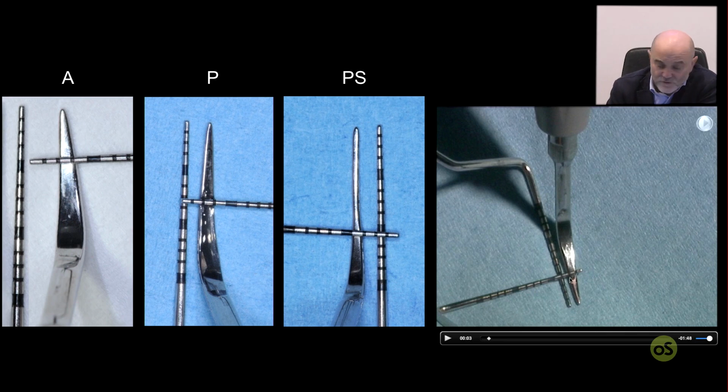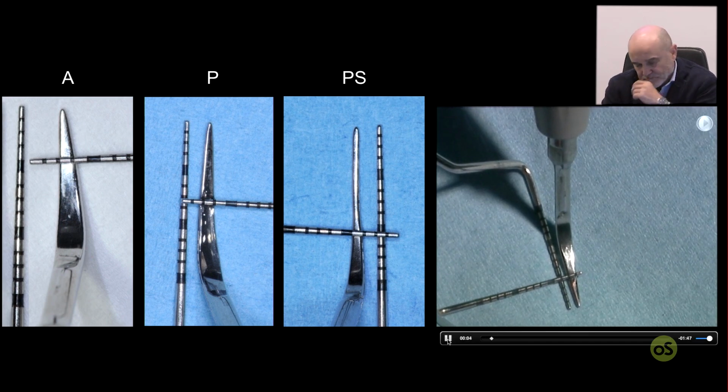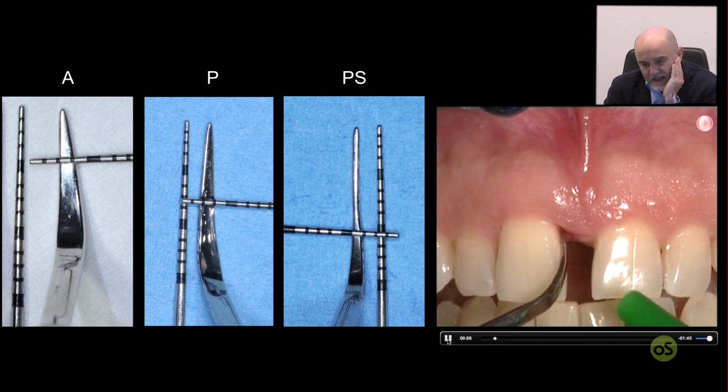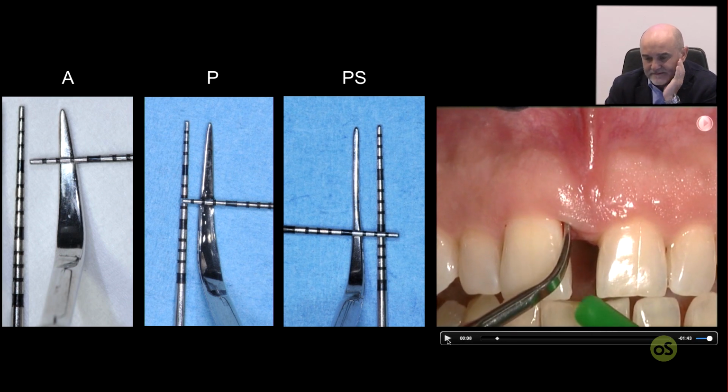So what I do is to make a notch with a burr on the external aspect of my point A at a 4 millimeter distance from the tip. Then I put the probe in.